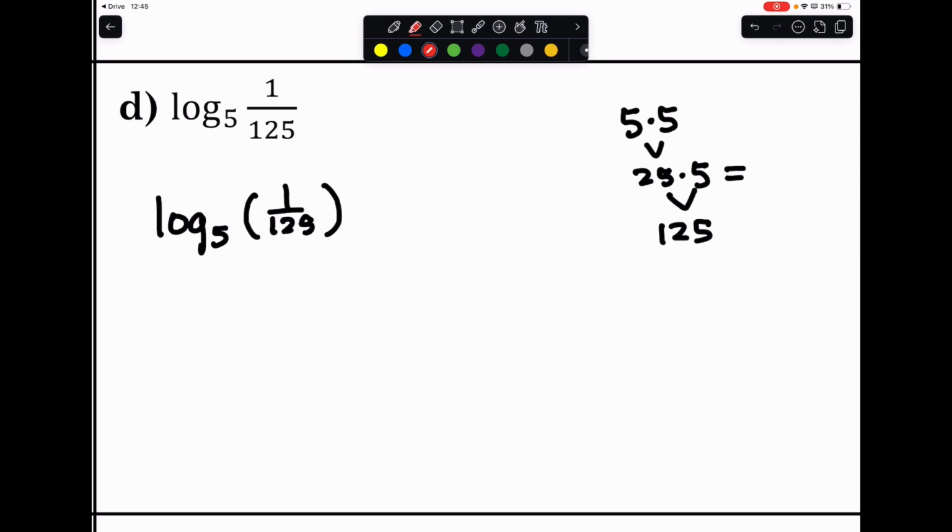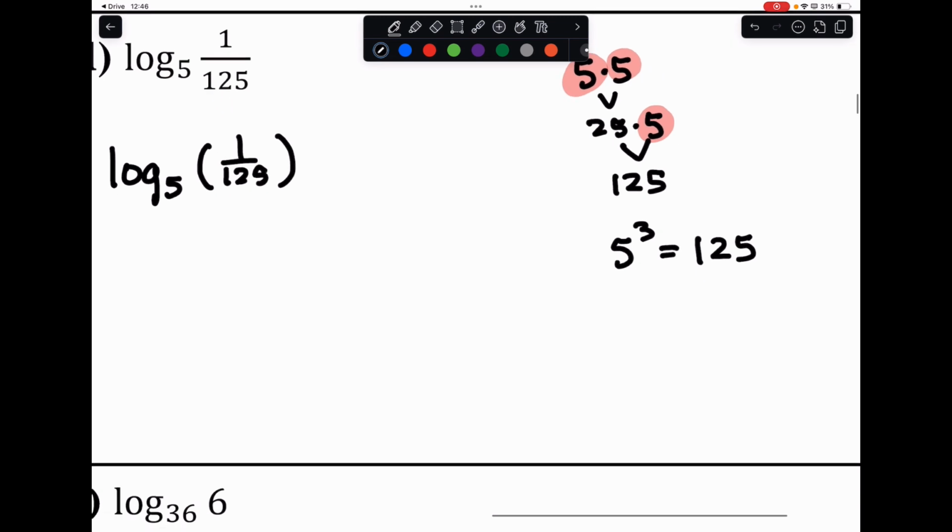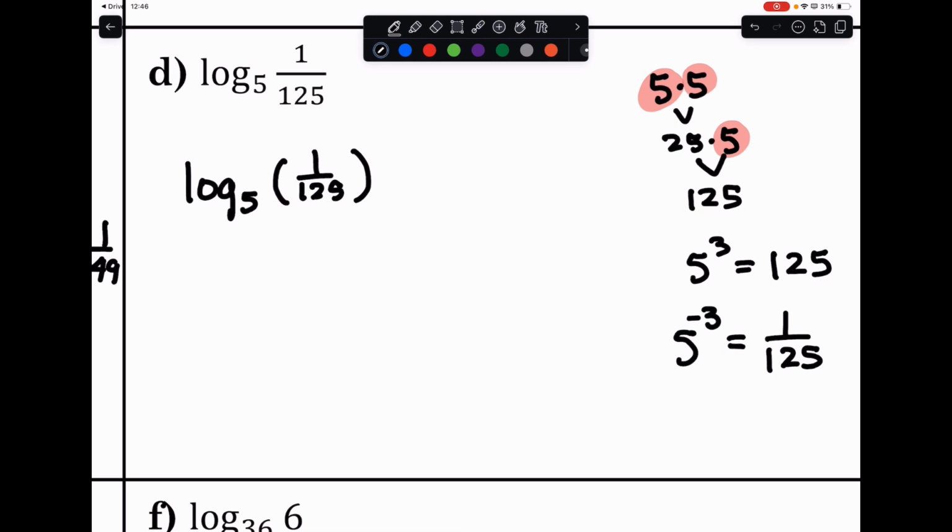So here I need to multiply 3 5s. So 5 to the third power equals 125. Since I want the reciprocal of that, 5 would have to be raised to the negative third power, and that would be the reciprocal of 125, which is 1 over 125. So the solution to this one will be negative 3.